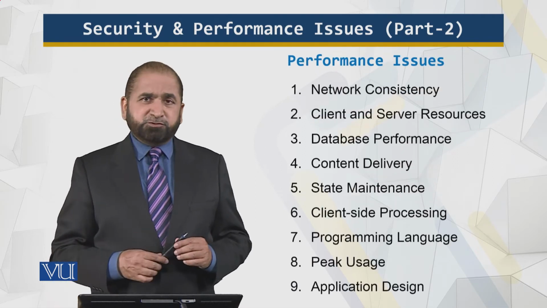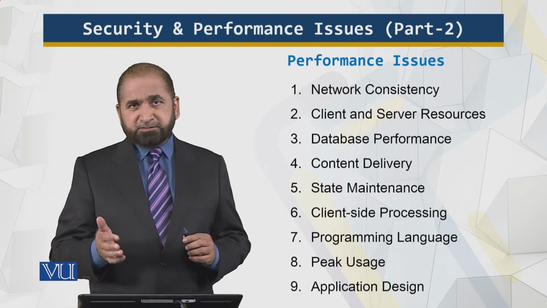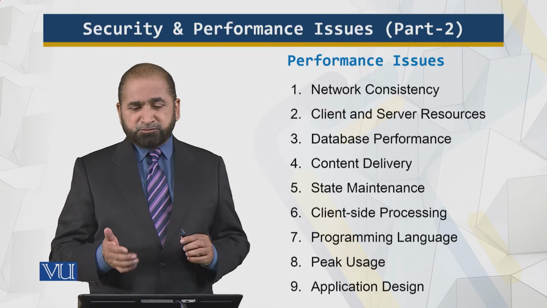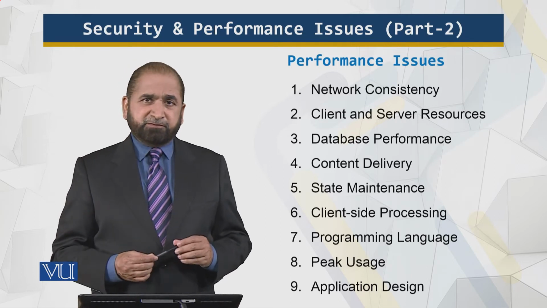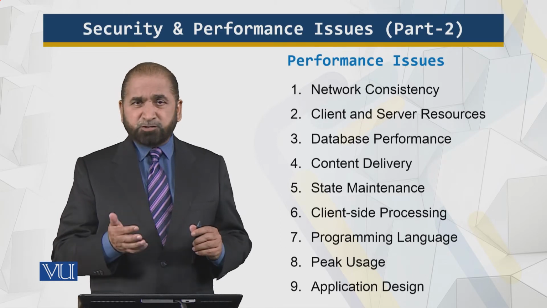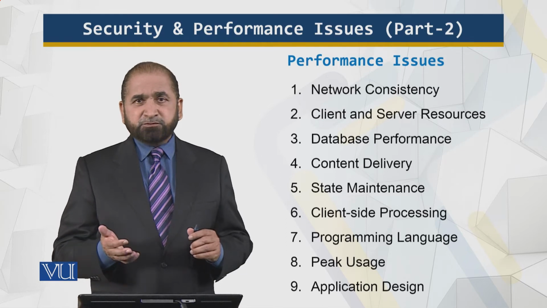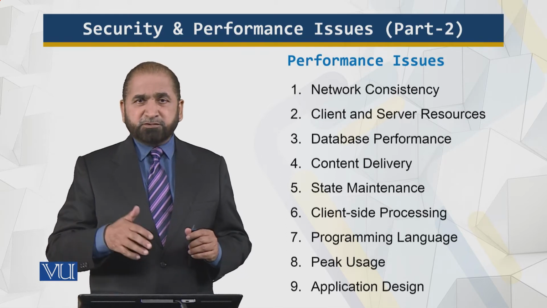Then are the performance issues. Of course, I will not go into a lot of details, but I will just briefly touch upon these performance issues. Network consistency. Everything is moving over the network: packets dropped, traffic congestion, links down, problems, server down.